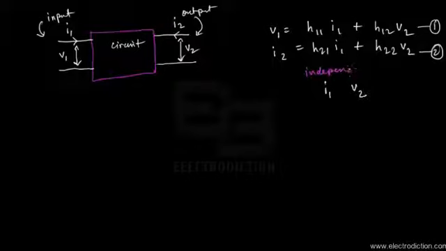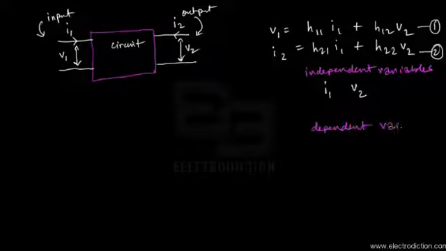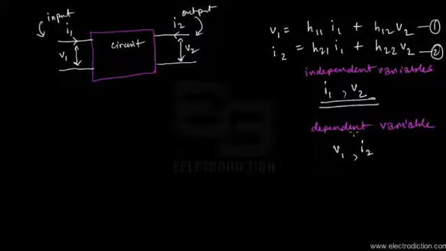We also have certain dependent variables as well: the input voltage V1 and the output current I2. So these two variables are treated as the dependent variables, as they depend upon the value of the input current and the output voltage.